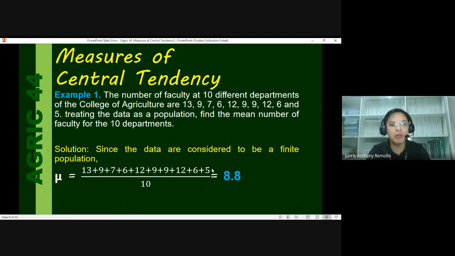So how can we solve it? Since the data are considered a finite population as mentioned in the problem, we just add all the values and divide by the number of values, which is 10 because there are 10 departments. And it will result in a population mean of 8.8.